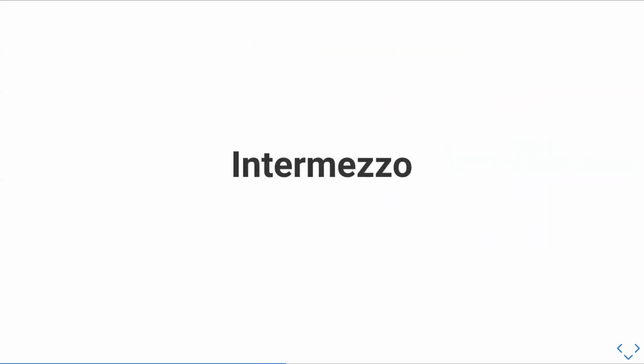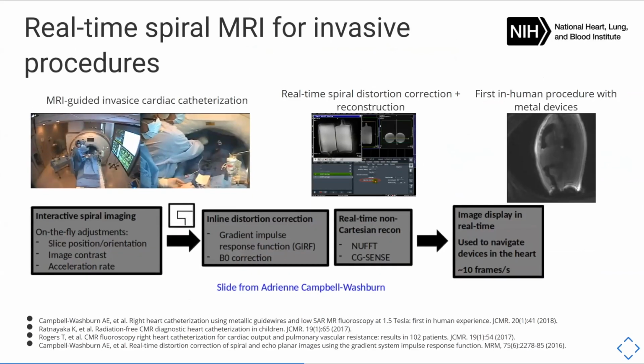Now, let's have an intermezzo and talk about a very concrete application. So at the NIH, they developed a real-time spiral MRI for invasive procedures. Adrian Campbell Washburn and colleagues developed a reconstruction in Gadgetron, allowing you to use the MRI for guidance during surgery.